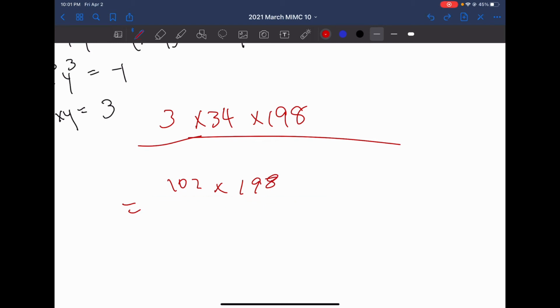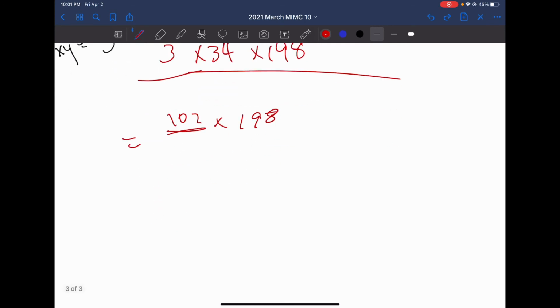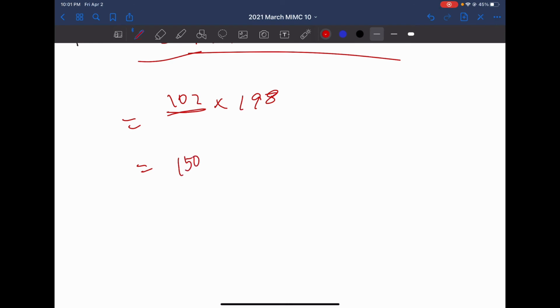One of the approaches is to make either 102 minus 2 turn it into 100, or 198 plus 2 turn it into 200. The other approach, because they add up to 300, they can change it to 150 squared minus 2 squared using the difference of squares. No, that is not 150 squared minus 2 squared. So that will be 150 minus 48 times 150 plus 48, and then calculate it out.